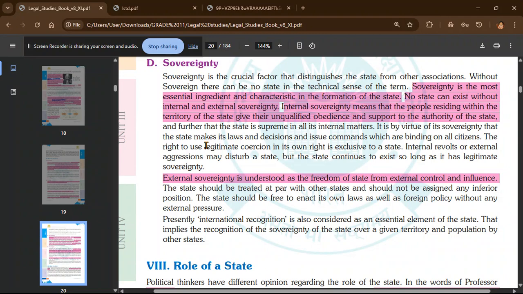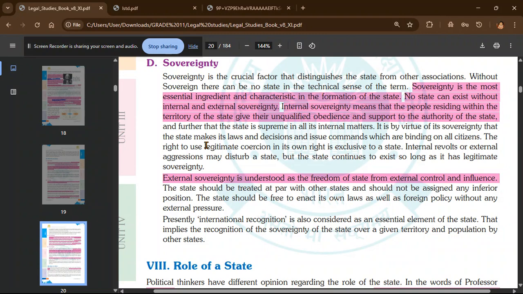So it's very important that the people residing should give their full obedience and support to the authority of state for effective functioning. This is internal sovereignty. External sovereignty is understood as the freedom of state from external control and influence. State should be free to enact its own laws and foreign policy without any external pressure or interference.